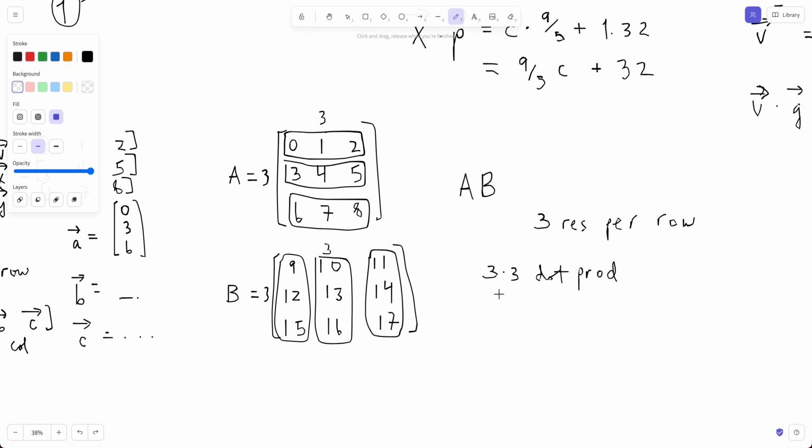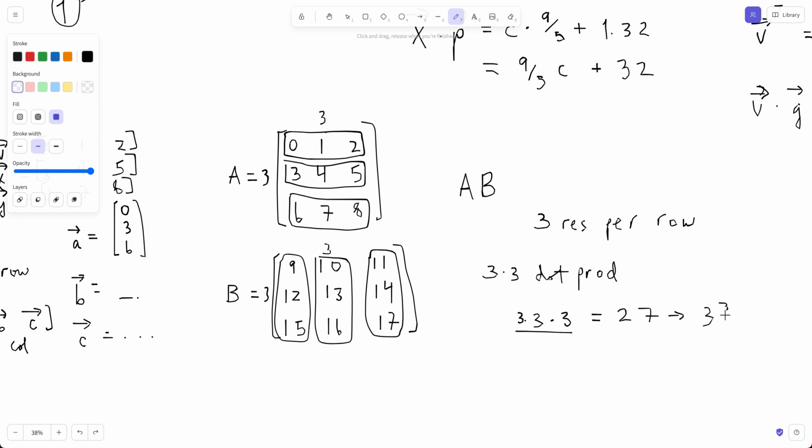So we have 3 by 3 dot products, and for every dot product we have 3 multiplications. And then we have 2 additions, but the multiplications are the expensive operation. So in total, we have 27 different multiplications, or more specifically, 3 cubed.